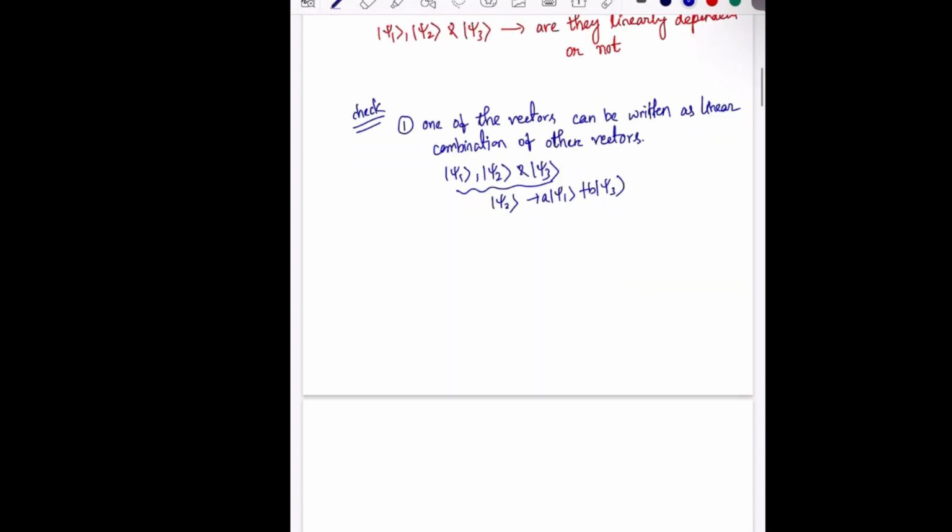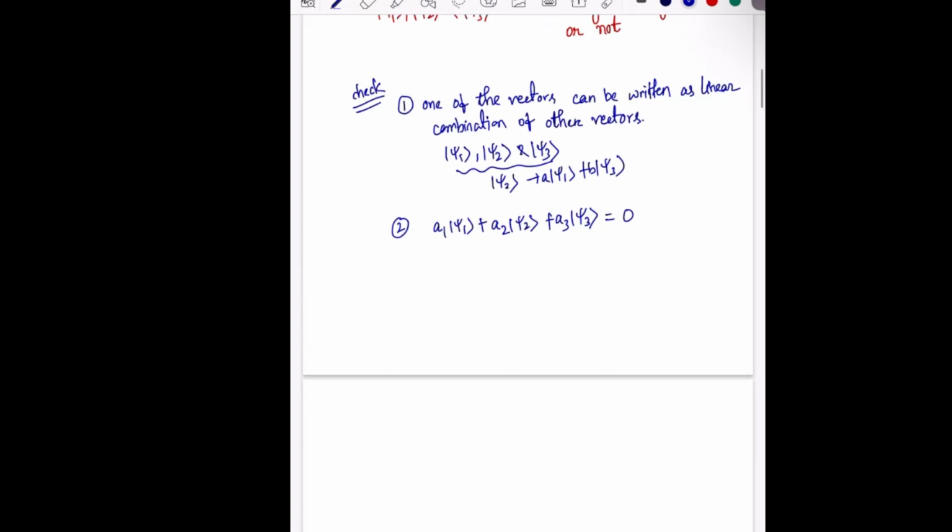If you are not able to check this one, then the normal procedure is to take the linear combination of these three vectors, let's say a1 psi1 plus a2 psi2 plus a3 psi3, and equate it to 0.